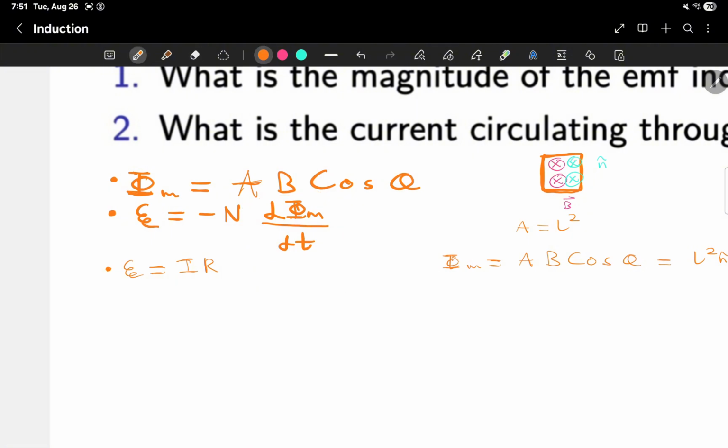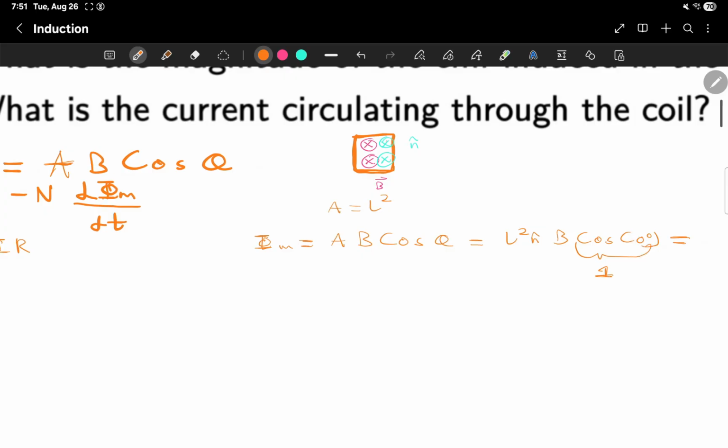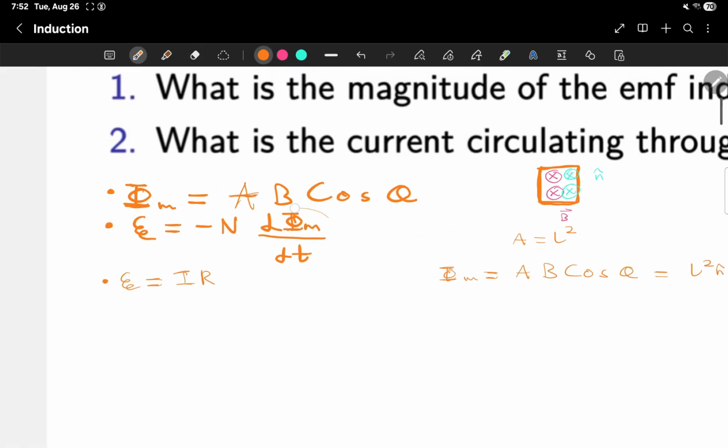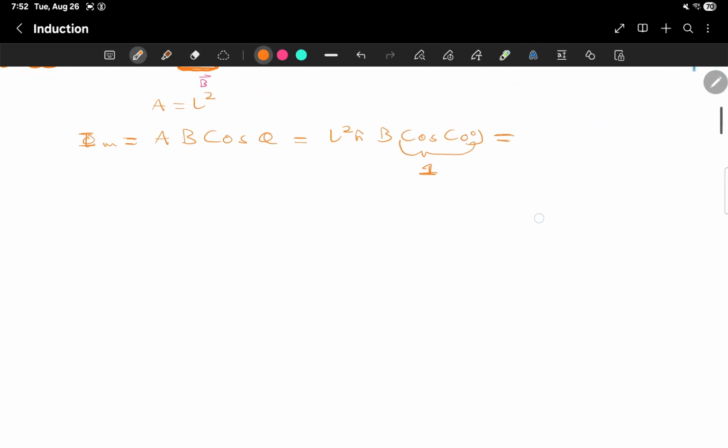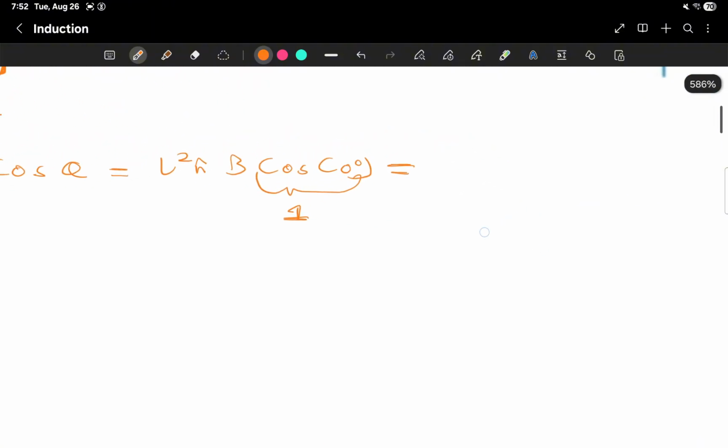So that's why I would simplify this equation as much as I can. Like I put a 0 degree angle and just got rid of the cosine because of it. I just got a 1. So I'm just going to simplify the formula, then take its derivative and directly jump into finding the EMF. But it's just plug and play, these problems. And once you get the concept behind it, it's plug and play.